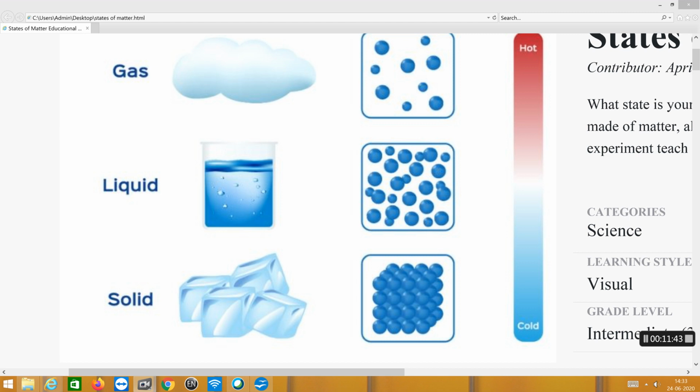The heat energy absorbed by the substance increases the amplitude of the vibration of the molecules of the solid, and a stage is reached at the melting point when the molecules acquire sufficient energy to overcome the force of attraction between them and they become free to move. Thus, a solid changes to liquid.